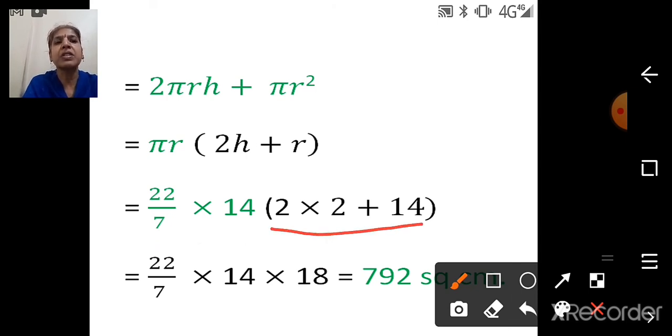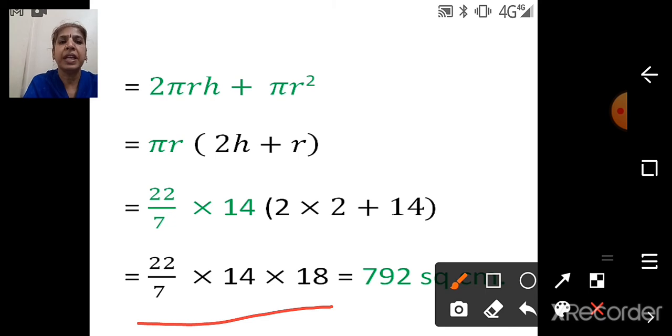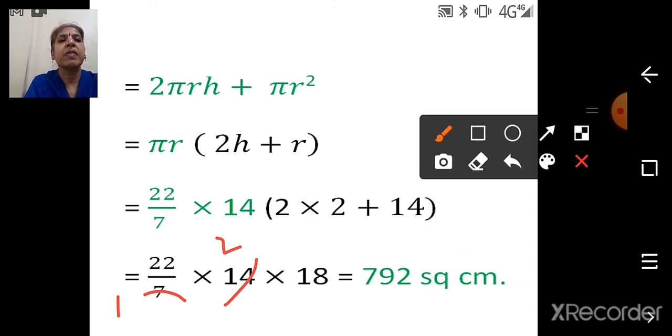Now in bracket you see children, it is 2 into 2 because height of the lid is given 2, plus 14. So when you solve this part, 2 into 2 is 4, 4 plus 14 is 18. Right? So we will write next step 22 upon 7 into 14 into 18. Now you know that 7 ones are 7, 7 twos are 14. So 22 into 2 is 44. 44 into 18, so you will get 792 square centimeter.